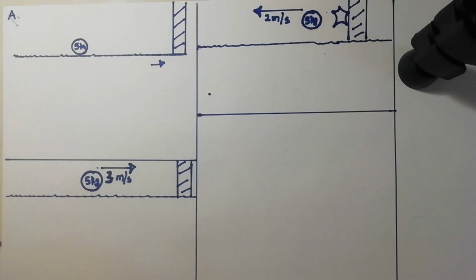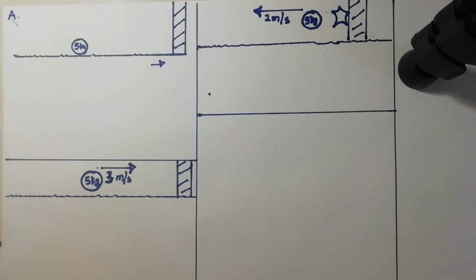Before you attempt to answer the question, firstly, and this is the rule, you state your direction. Why? Because momentum and velocity are vector quantities. They have both magnitude and direction.